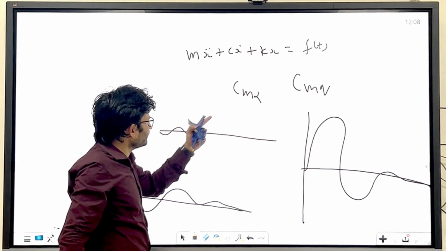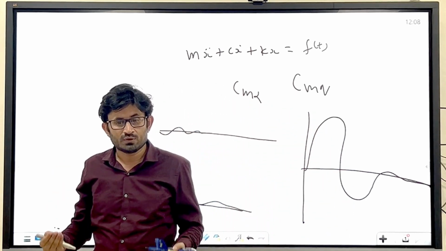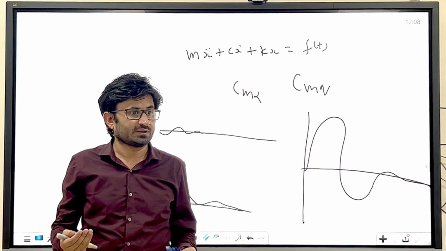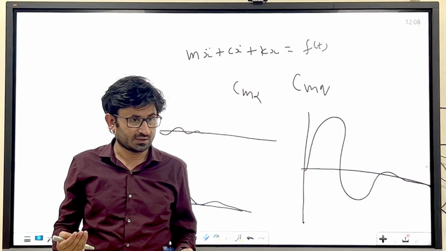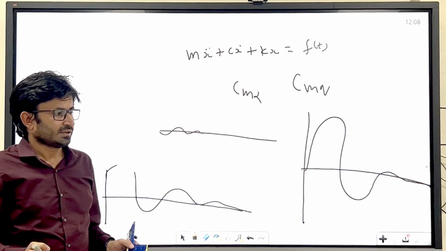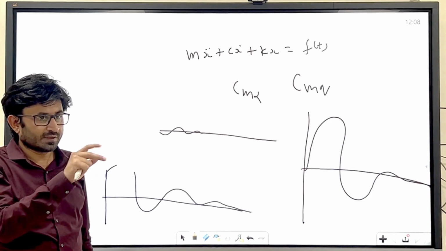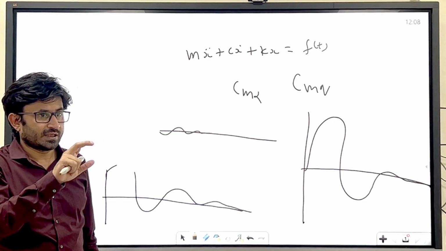Now when you derive the CM alpha and CMQ expressions, you should also observe what terms are associated with them. For example, when you derive CM alpha, there will be a lot of terms, such as the lift curve slope of the wing and the position of the aerodynamic center.